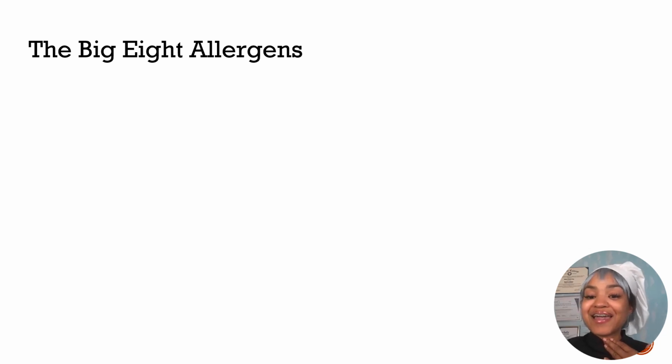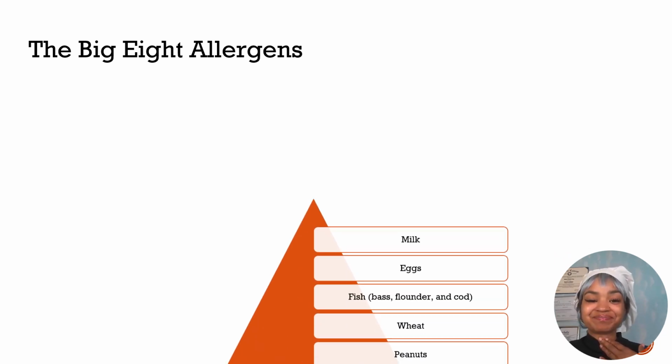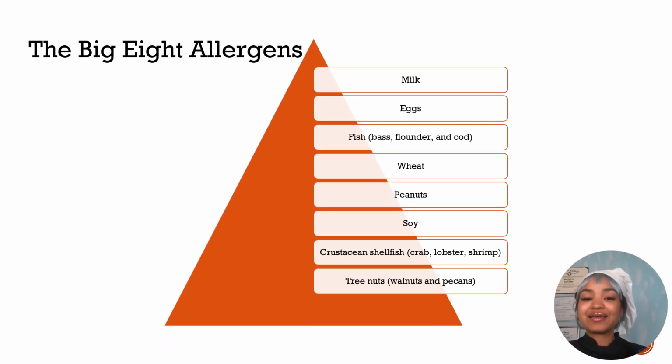The big 8 allergens. Most allergens are found in these common food products. Milk. Some of those allergens look like lactose intolerance. That's not limited to it, but it's one of them. Eggs, fish. Most allergens can be found in fish.